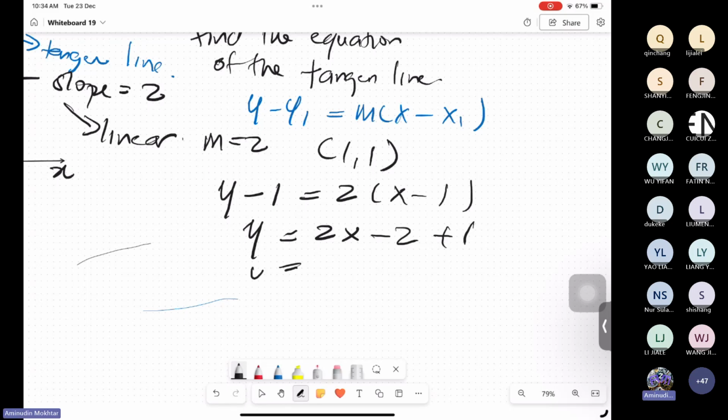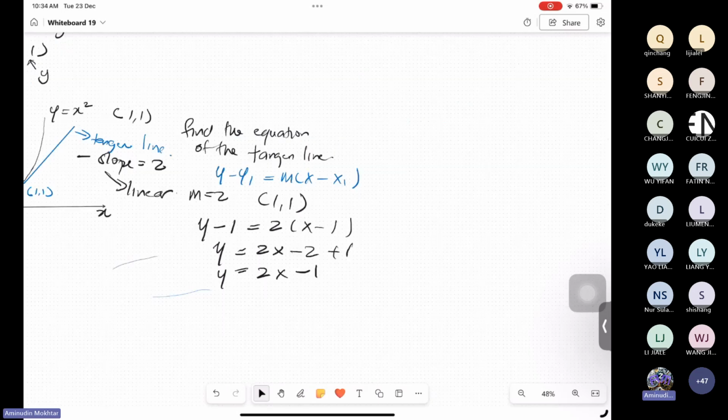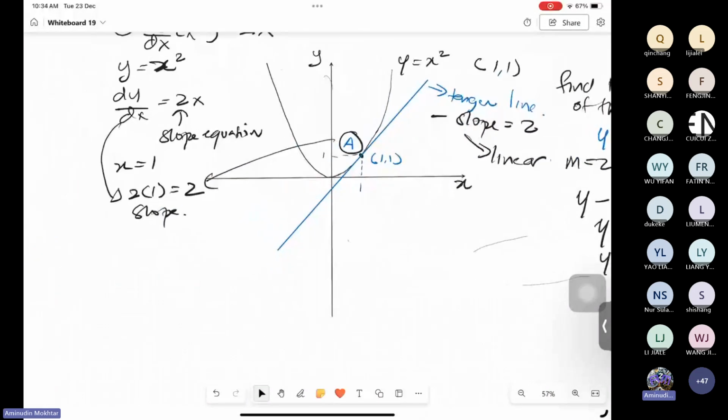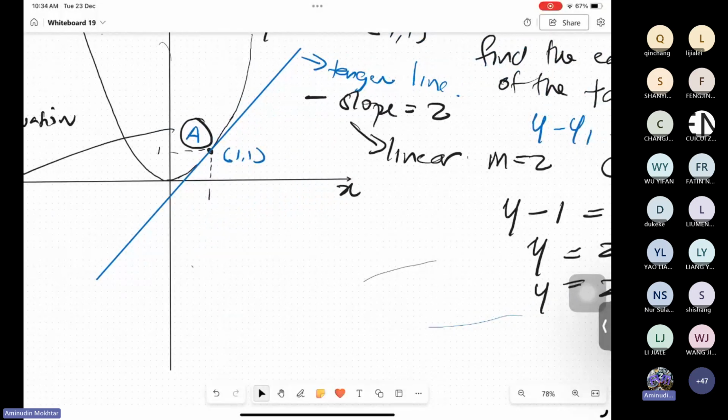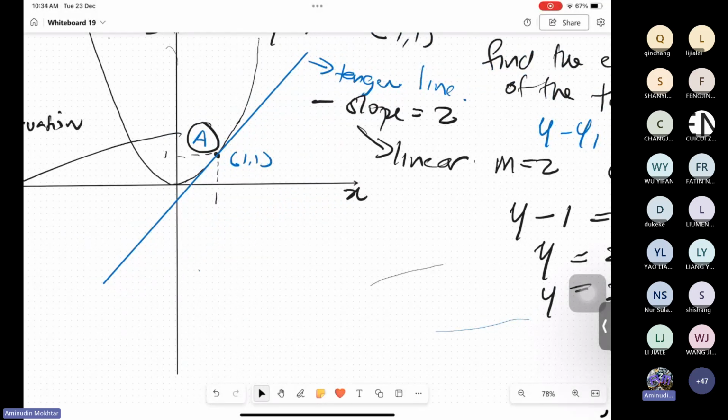So the answer is y equal to 2x minus 1. For this tangent line, the slope is positive, but the intercept is negative. Y equal to 2x minus 1 for this tangent line.